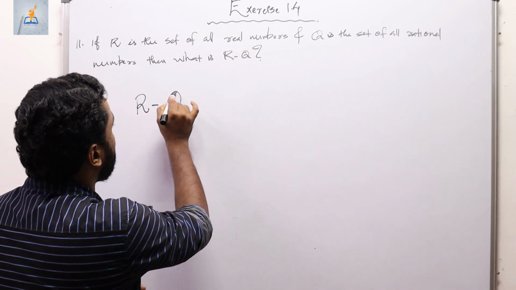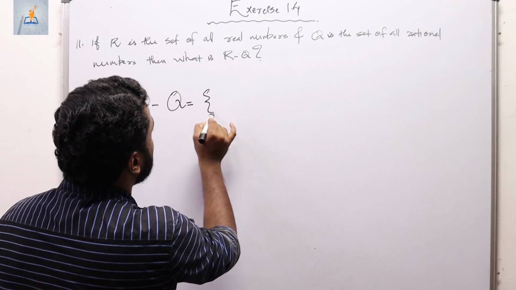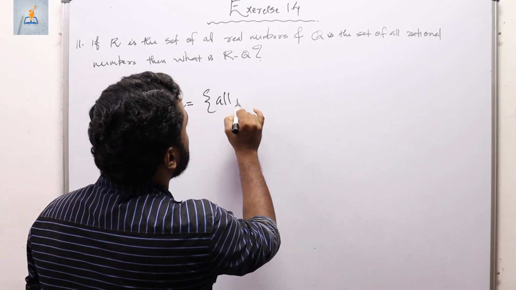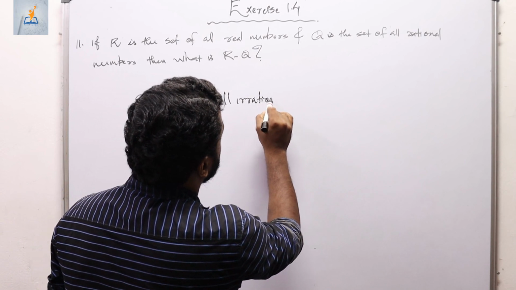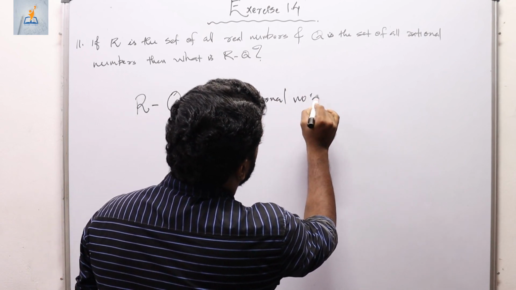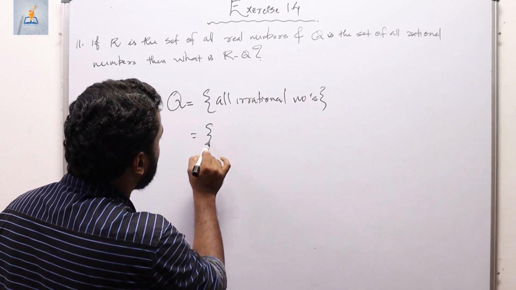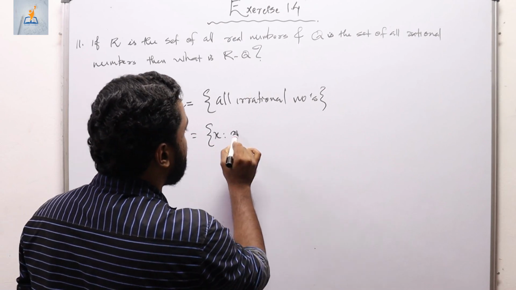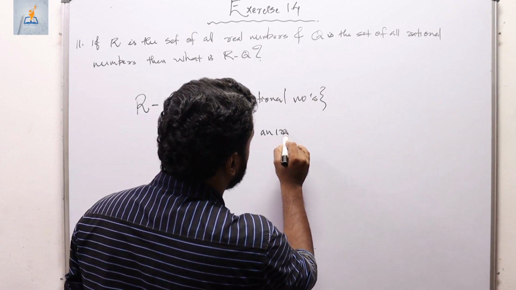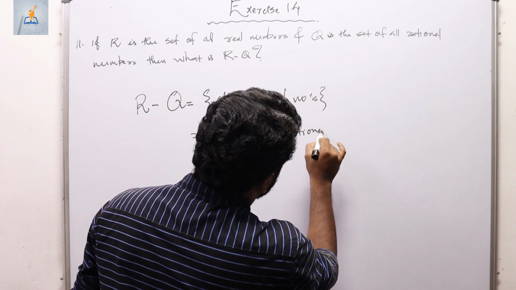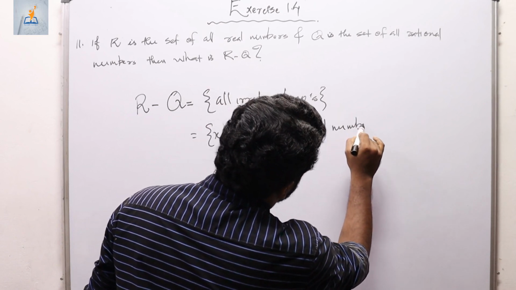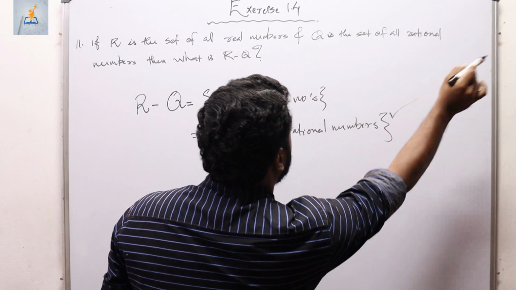Therefore, R minus Q is equal to the set of all irrational numbers. Or we can write it in set builder form as the set of all x such that x is an irrational number. So this is R minus Q.